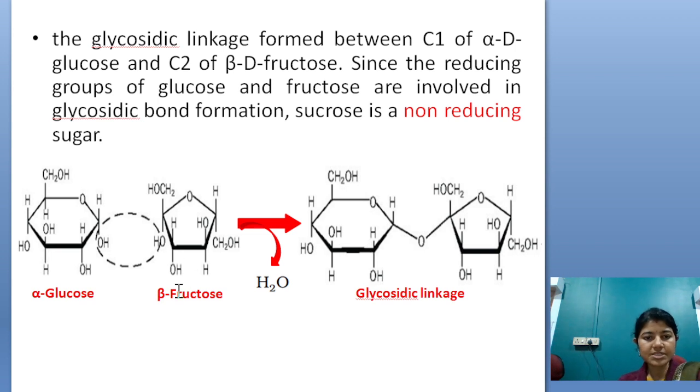Here the hydroxyl group of glucose is the hemiacetal hydroxyl group, and in the fructose molecule it is the hemiketal hydroxyl group. So hemiketal and hemiacetal both are engaged in the formation of the glycosidic linkage. That's why it is unable to reduce Fehling solution, and that's why it is also termed a non-reducing sugar.